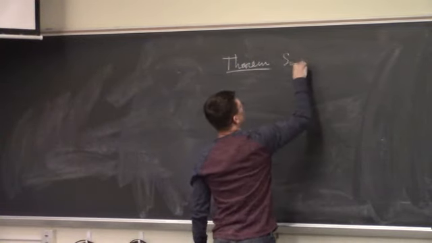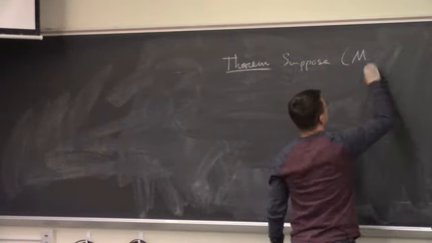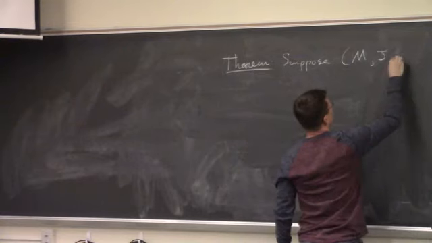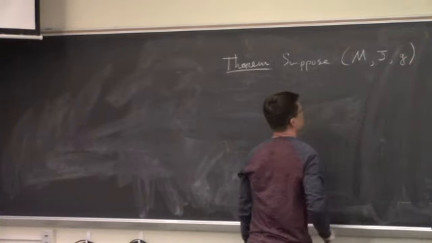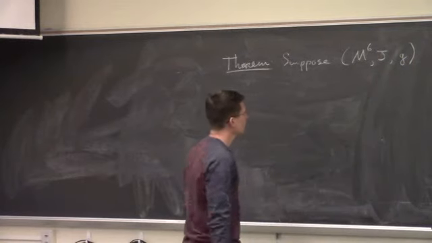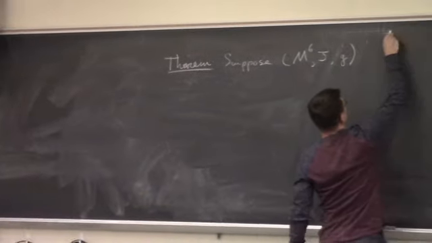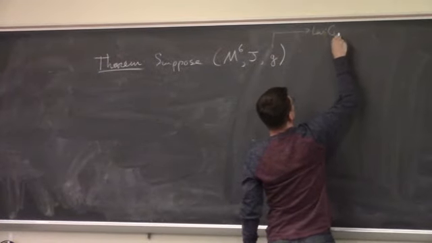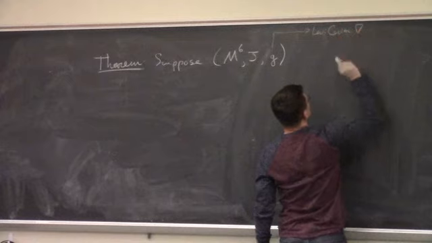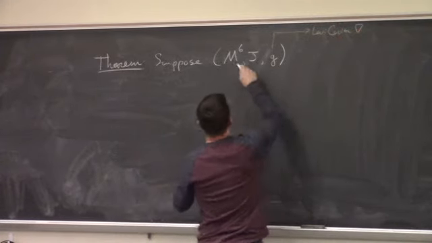Suppose you have a manifold with J and a metric, and I'm going to assume the manifold for the moment is dimension 6. And for this metric, I'm going to take the Levi-Civita connection. And I'm going to suppose my manifold is closed.